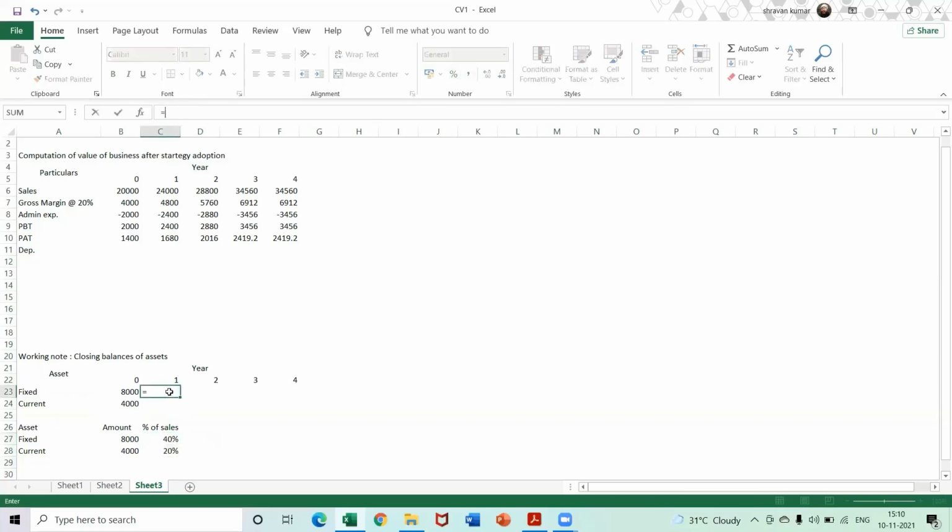Now what you will do is equal to this into this, is equal to this into this.